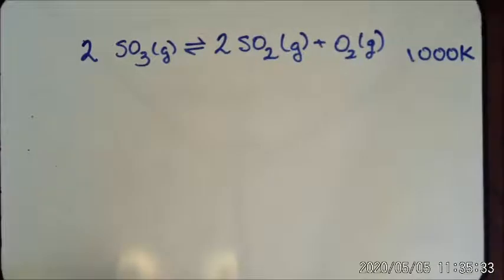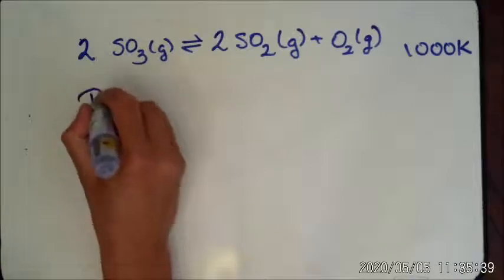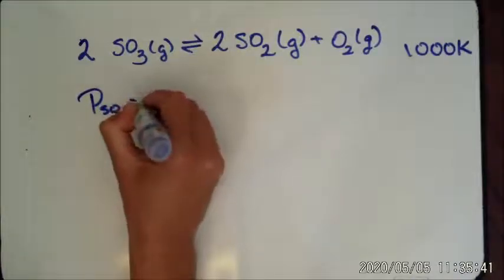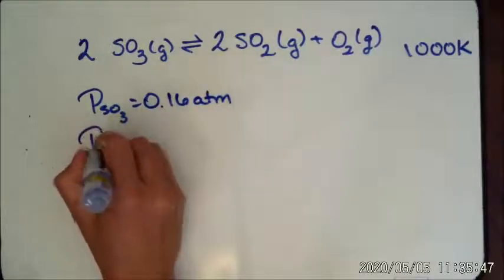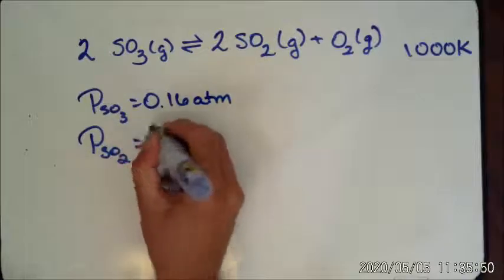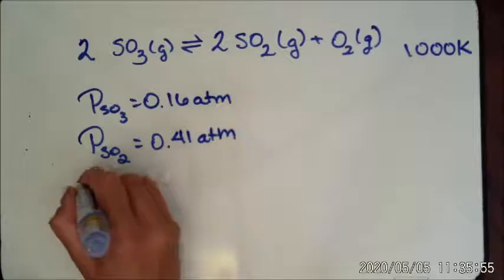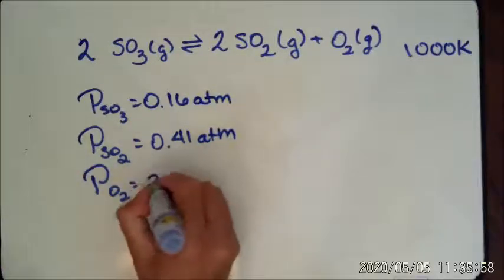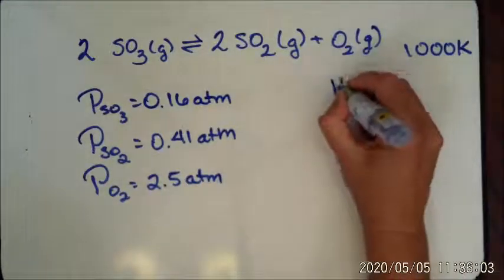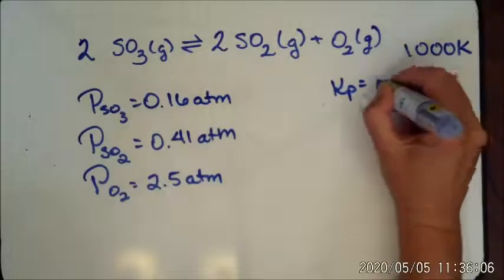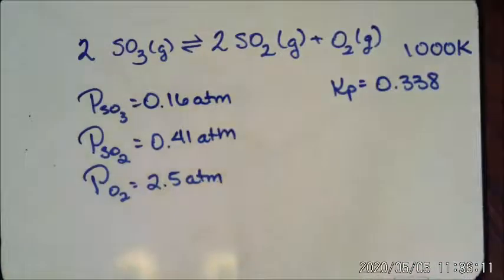Suppose we have this reaction where my partial pressure of sulfur trioxide is 0.16 atmospheres, the partial pressure of sulfur dioxide is equal to 0.41 atmospheres, and the partial pressure of oxygen is equal to 2.5 atmospheres. And we know Kp is equal to 0.338. So the question is, what is Q?